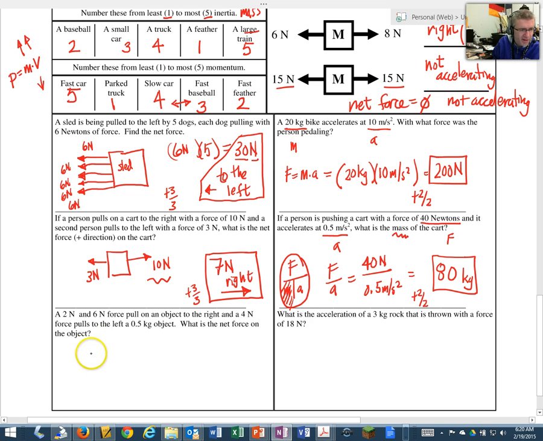Alright. I hope that I might be convincing you here through these examples to draw these little pictures. So I've got a 0.5 kilogram object, 2 newtons and 6 newtons pulled to the right, and 4 newtons pulled to the left.